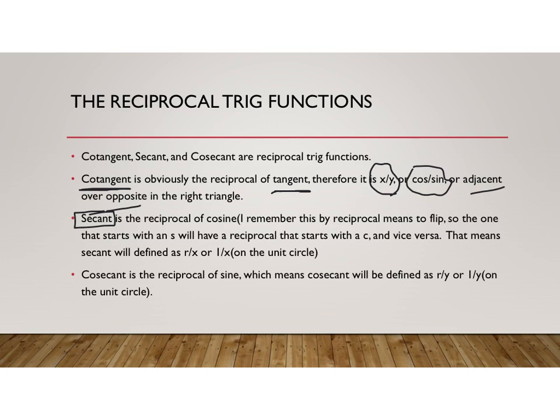Since cosine was x over r, secant will be r over x, or 1 over x on the unit circle. Cosecant starts with a C, so it's the reciprocal of sine, which starts with an S, which means cosecant will be r over y, or 1 over y on the unit circle. So cotangent and tangent are reciprocals, secant and cosine are reciprocals, and cosecant and sine are reciprocals.